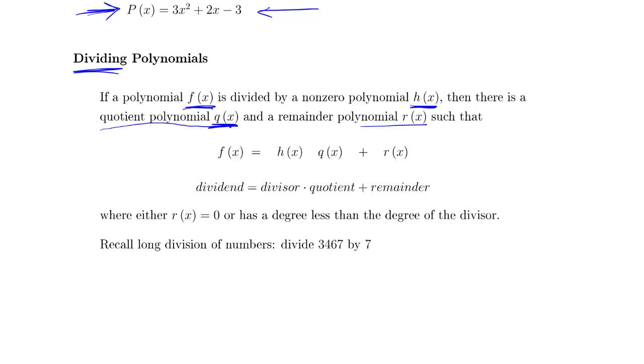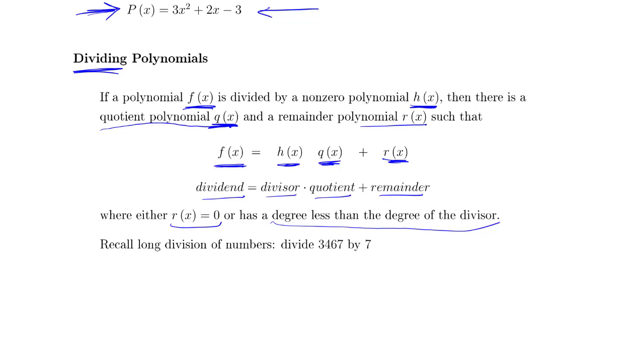That means f of x, which we call the dividend, equals the divisor h of x times the quotient q of x plus the remainder r of x. The remainder could be 0 if it divides cleanly, or it has to have a degree less than the degree of the divisor.